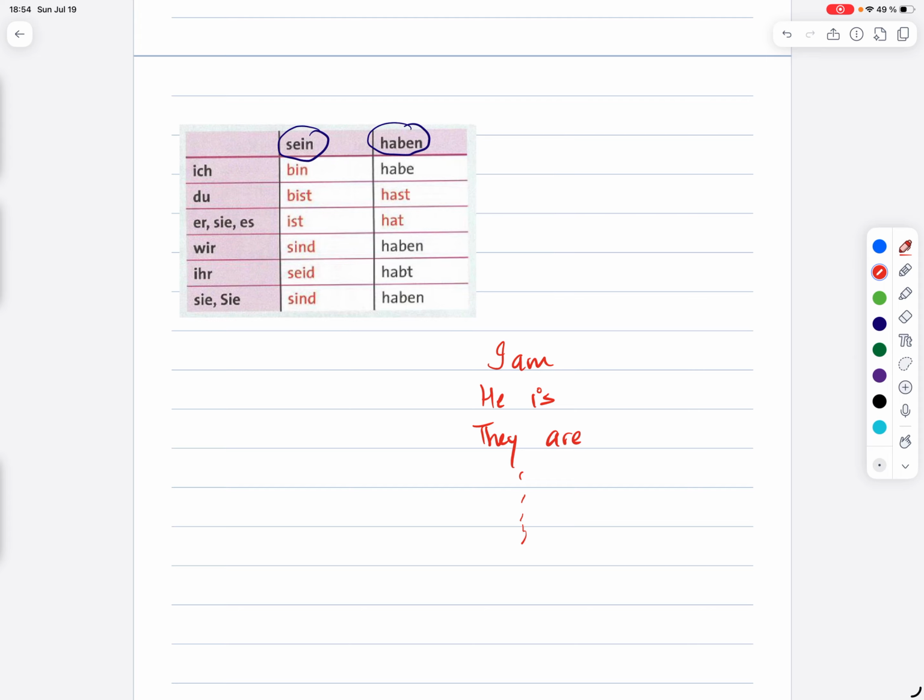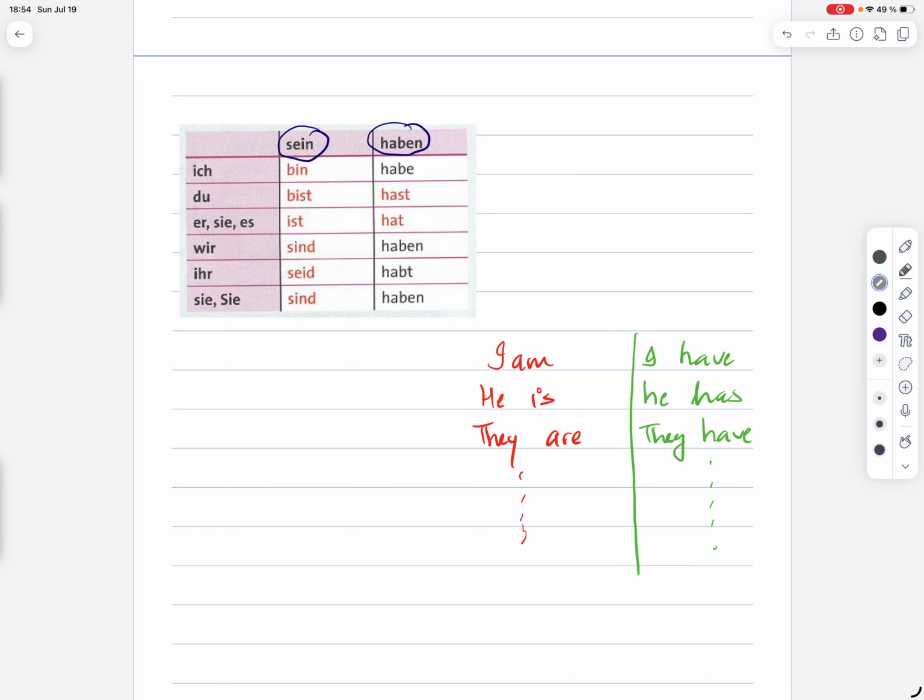and so on. And we also say something like I have, he has, and they have, and so on. The sentence can go on. So we also have the similar equivalent in German for this I am, he is, they are.